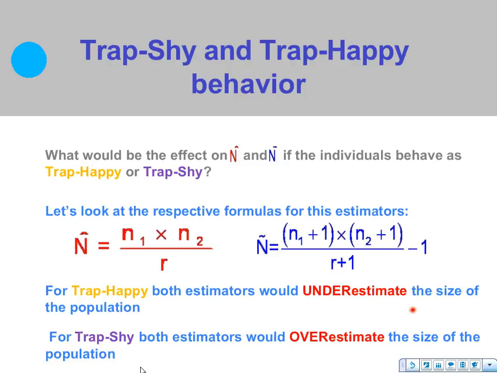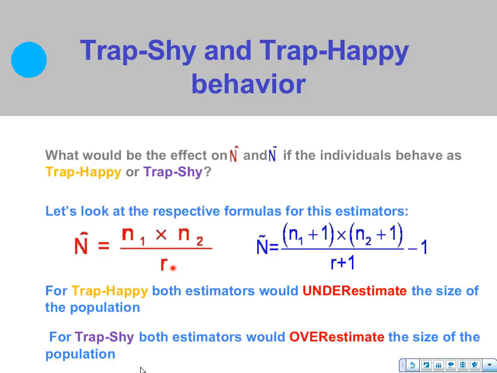Is that okay? Explain that again, please, Bruno. Okay, so let's see. With the trap-happy behavior, our R, which is the marked individuals in the second capture, is going to be large, isn't it? Because they don't get away from you. They don't get the food that you're going to give them in the second capture. Is that okay? Right.